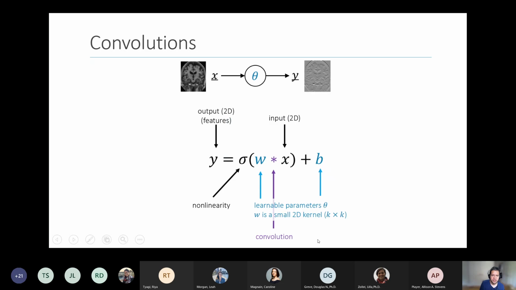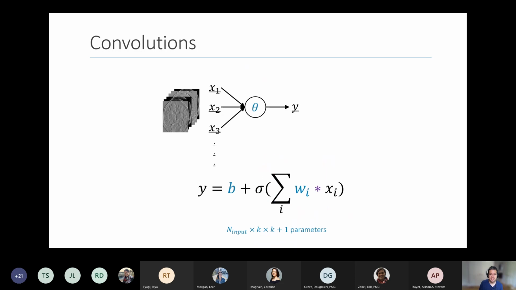Okay. And so that's really it for the second most popular element in neural networks. So again, it looks very similar to the first one, but we're doing a convolution. There's slightly more weights. Now, again, most of the time, we don't have a single image going into one of these operations, but it's really a stack of images, or what we tend to call features. So again, we're going to do the sum, right?